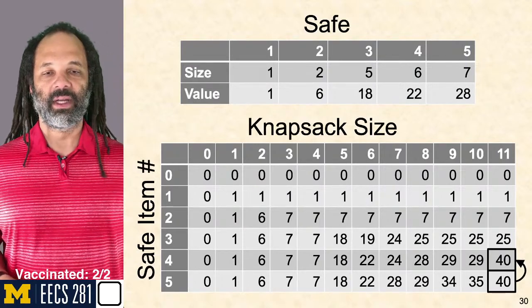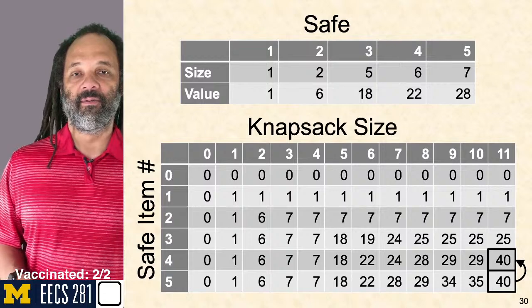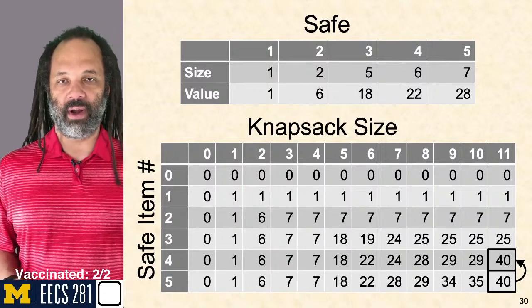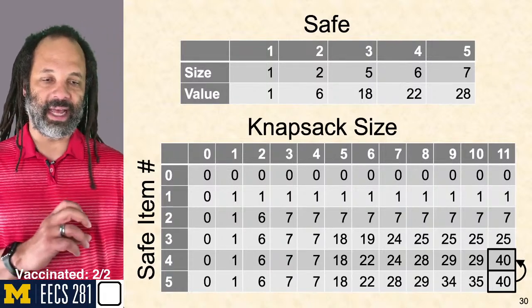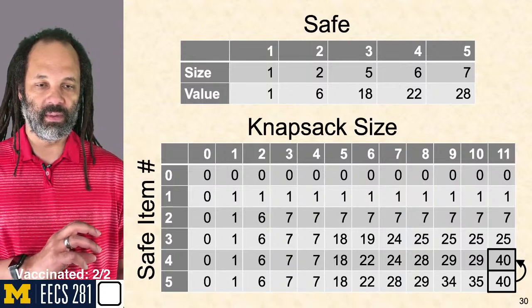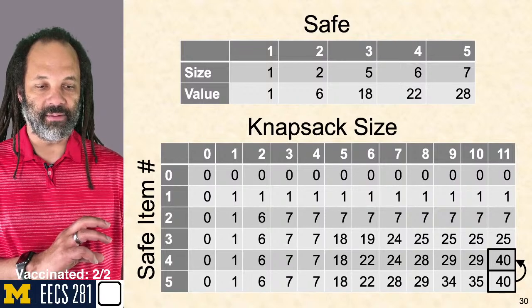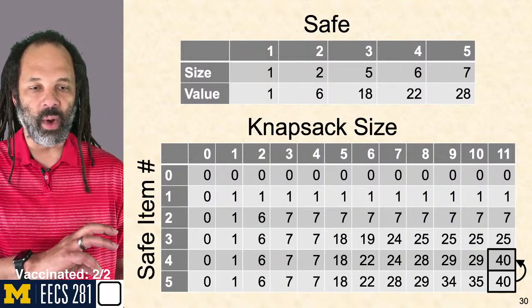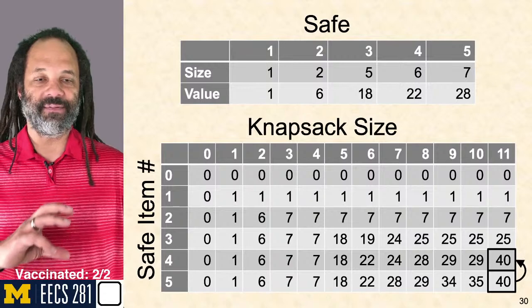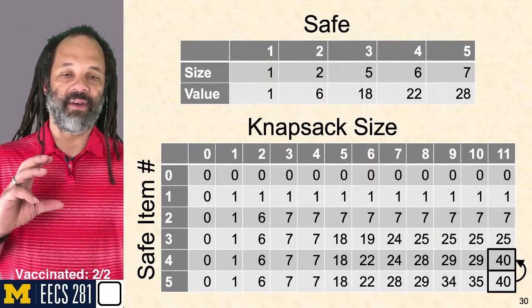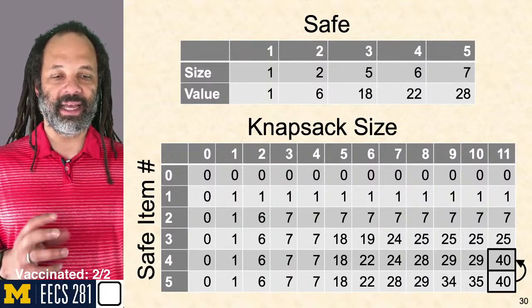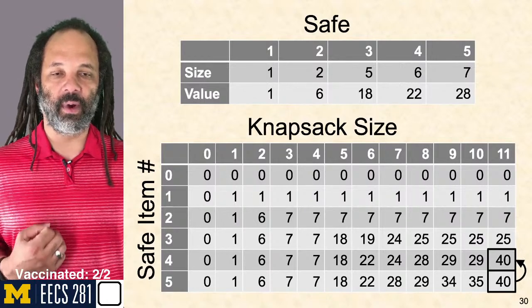Okay, how about trying to determine whether the number 4 item was included in our optimal solution? Now we're at that second box of 40 in the 4 row, and we say, if that number 4 item of value 22 of size 6 helped contribute to this 40, then we include it.